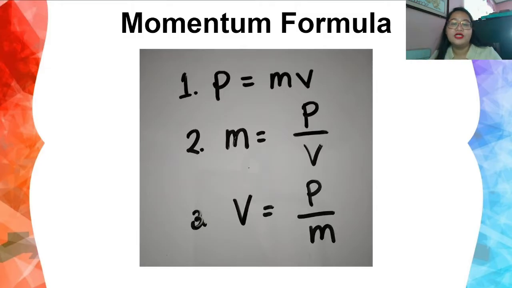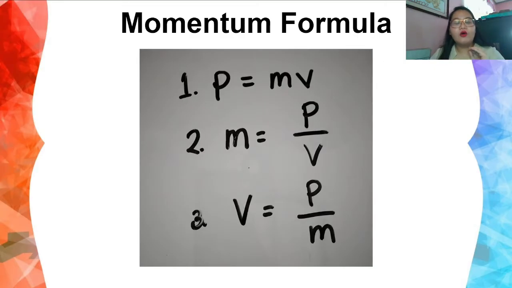Another example, the two tricycles, they are identical, exactly the same, but they are moving at different speeds. Now, let's remember, velocity is also a factor for momentum. The higher the velocity of a moving object, or the faster the object moves, the higher the momentum.